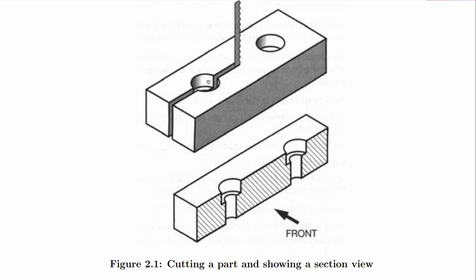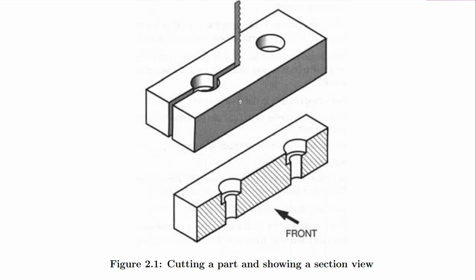So if you take this object, for instance, you will see that we have some holes in here. There is some countersink hole here. All right, so some here, and if you look at the other side too, we have some there. But when you look at it in 3D, you are not able to see these features clearly.